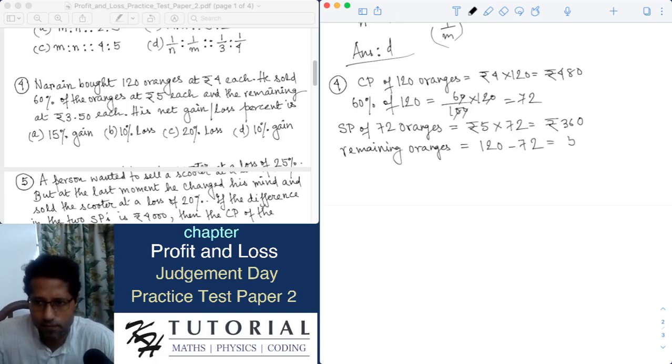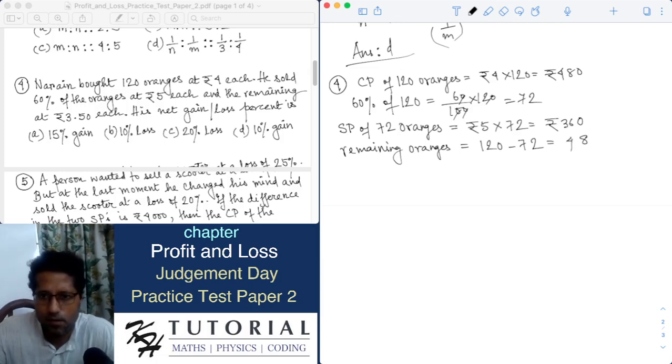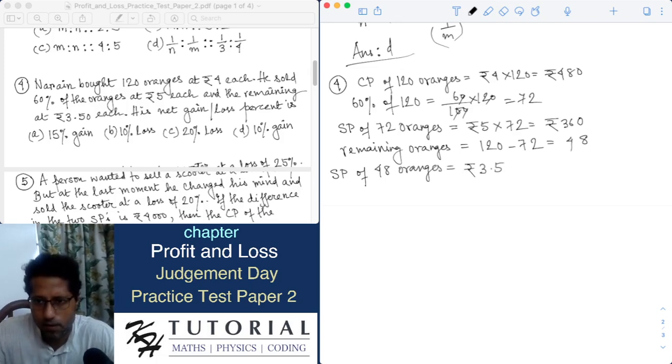This is 48. 48 oranges are remaining, and these 48 oranges were sold at rupees 3.5 each. So the selling price of 48 oranges is equal to rupees 3.5 into 48.